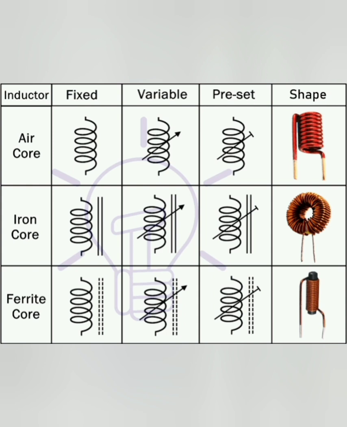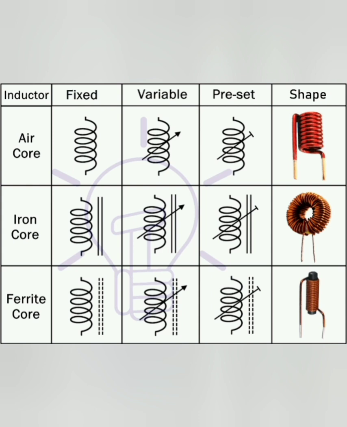Then the iron core, in here one iron core is used, and that iron core is surrounded by the coil. We normally see this kind of type in most boards and most equipment. This gives you a magnetic field and mainly reduces the flux losses.